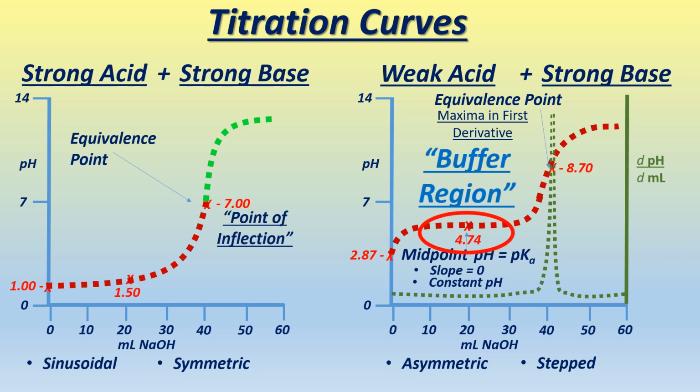This region is called the buffer region. If you recall previously, at the midpoint, the concentration of weak acid and conjugate base are equal. pH is equal to pKa. That creates a buffer that keeps the pH constant. And we will be investigating buffers in the next video in this series.